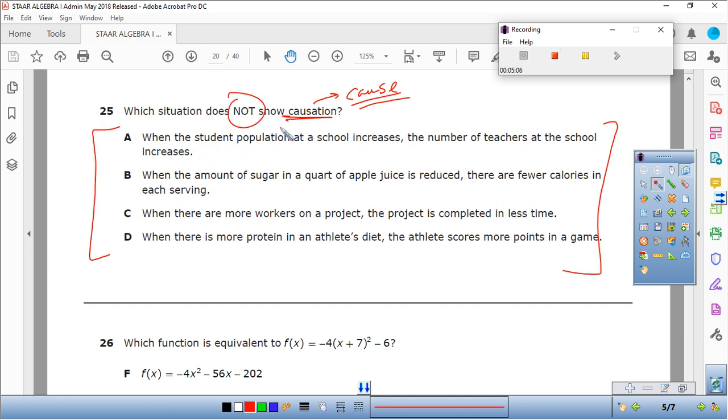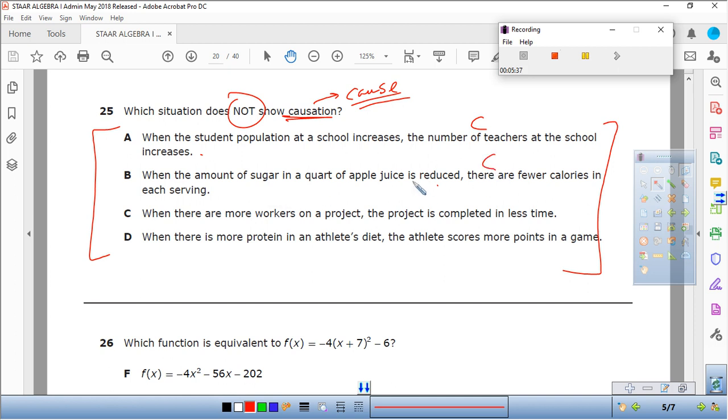Which does not cause the other one to happen? When the student population at a school increases, the number of teachers at the school increases. Think about that one. If the number of students is greater, more students, well, they need more teachers, right? I think that shows causation. The amount of sugar in a quart of apple juice is reduced, the fewer calories in each serving.